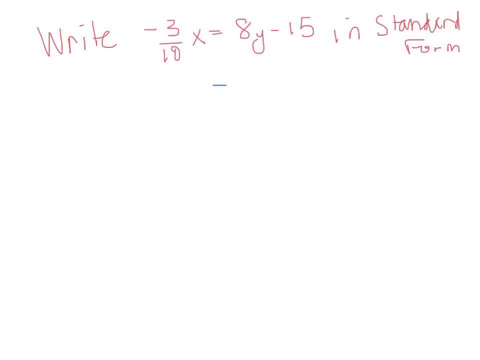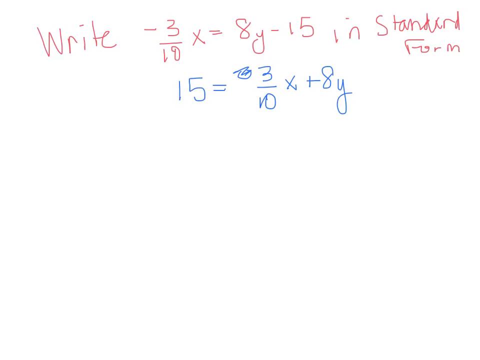So I have, let me put that there first, 3 over 10x plus 8y, and I'll move the 15 to the other side, so it becomes positive when it changes side. Okay, so now everything is good. I've got x and y on one side. The coefficient of x is positive, which is good. What's wrong is I have this fraction over 10.